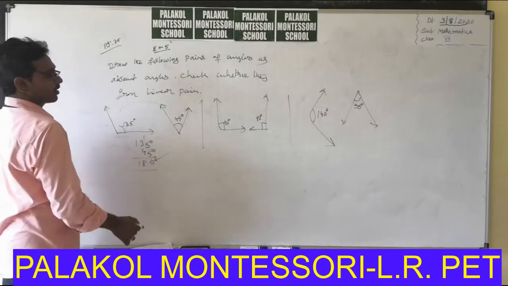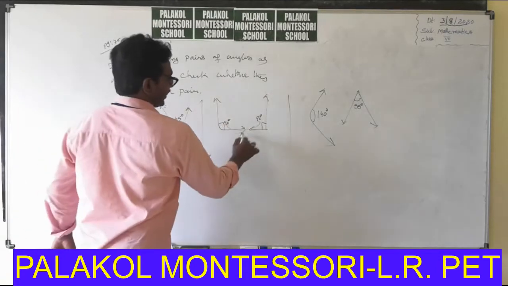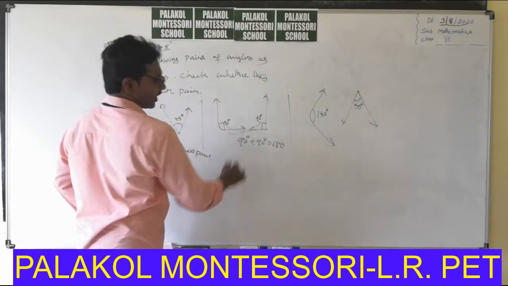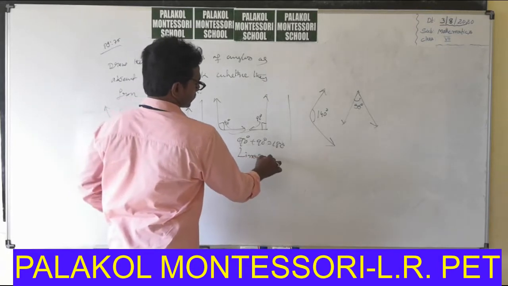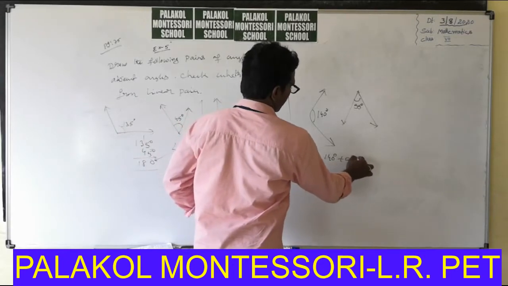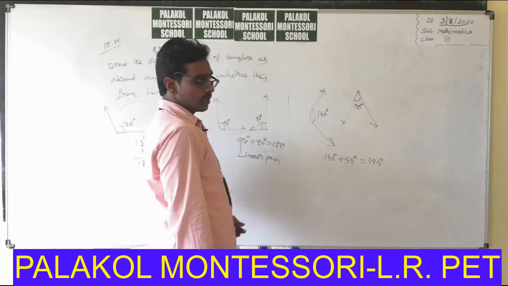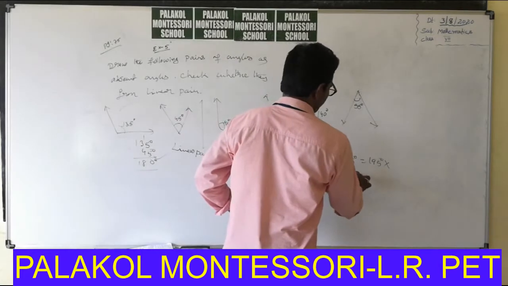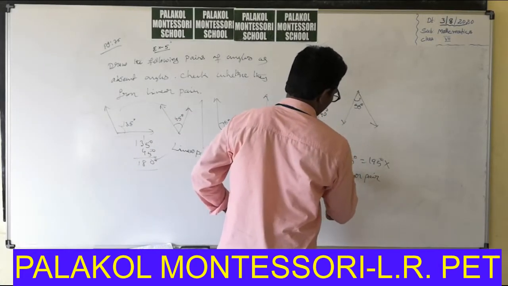So these two angles form a linear pair. 90 plus 90 is 180 degrees, so this pair is a linear pair. 140 degrees plus 55 degrees is 195 degrees. Does it become 180 degrees? No. So it is not a linear pair.